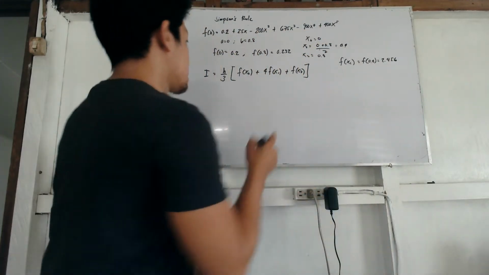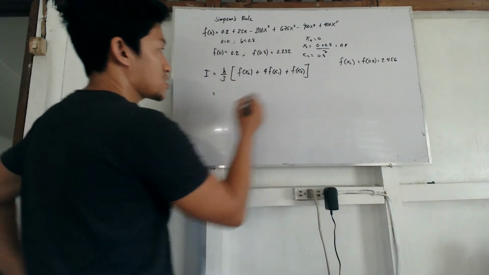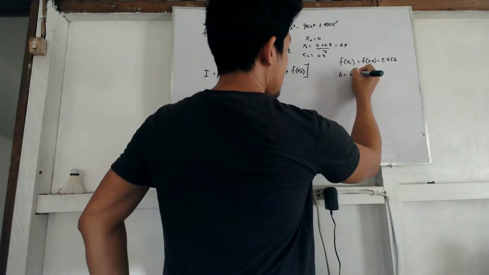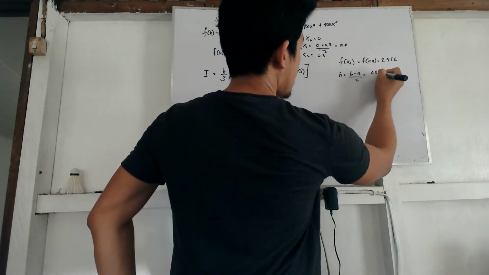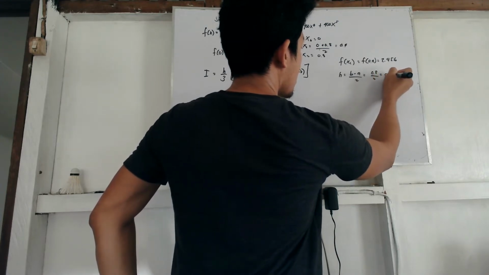Okay, so let's plug these values. Our h is b minus a over 2. This is 0.8 minus 0 over 2, which is 0.4.